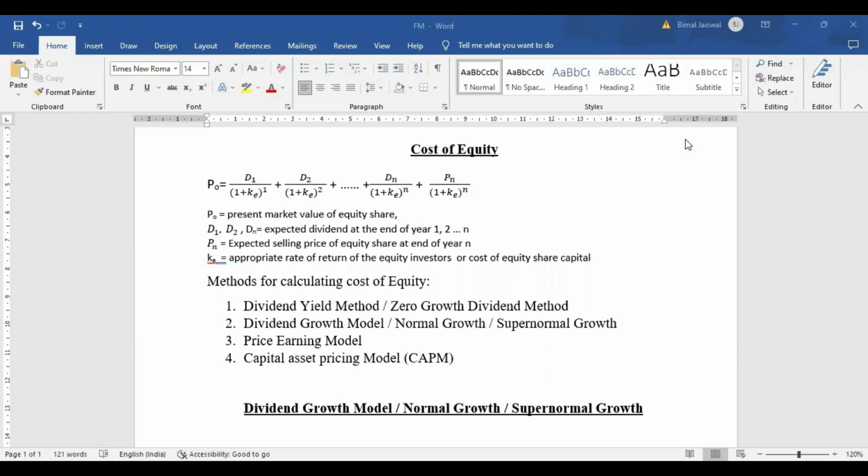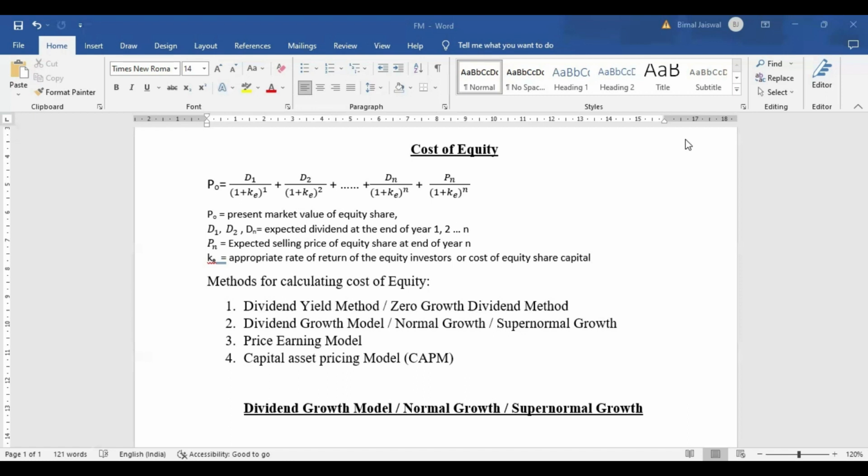As we have discussed in the last lecture, the amount of dividend is not fixed in the case of equity shares. That is why the calculation may be a bit difficult. The cost of equity depends upon the amount or the rate of return the equity shareholders are getting, and this return is not fixed, that is why we have to consider a few models for calculating the cost of equity.